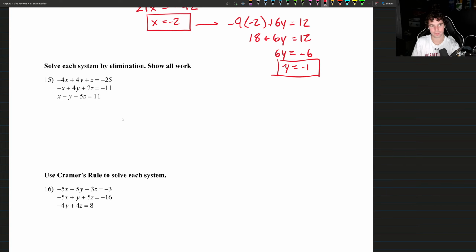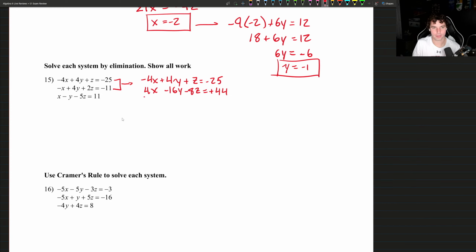All right, so I'm going to take these first 2 and I'm going to multiply the bottom one by -4. So the top stays the same. Multiply the bottom one by -4, so we get 4x minus 16y minus 8z is equal to -44, positive 44.